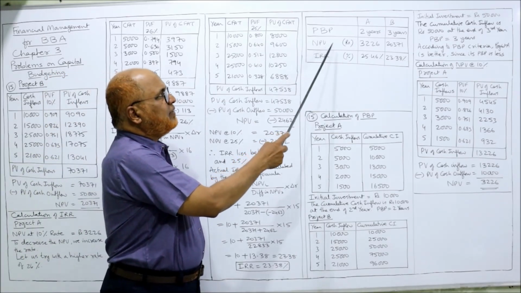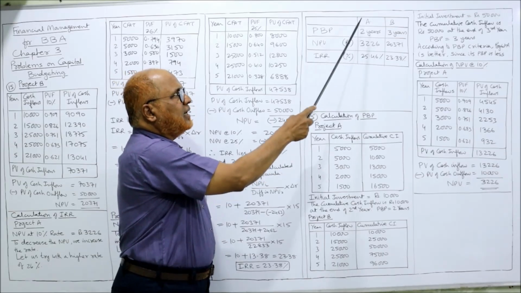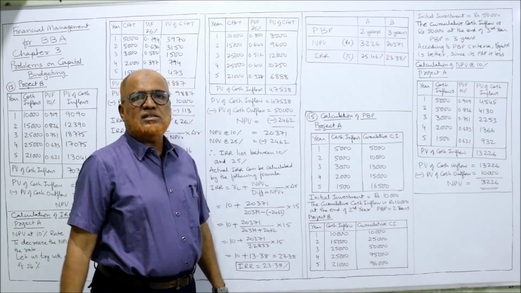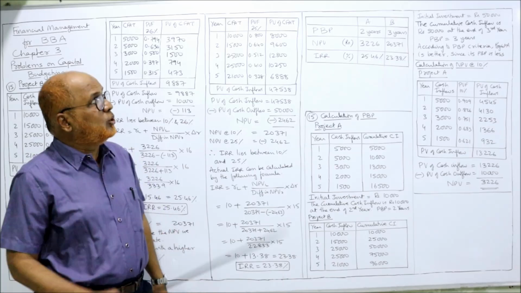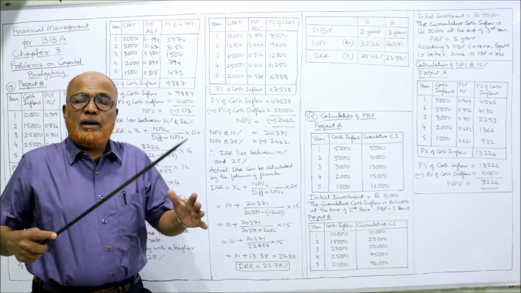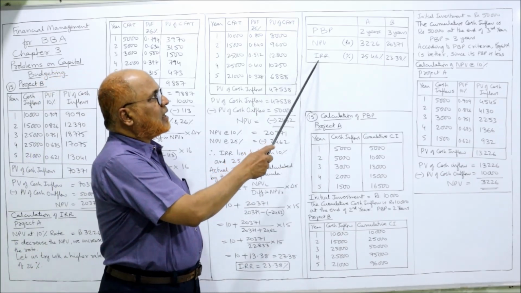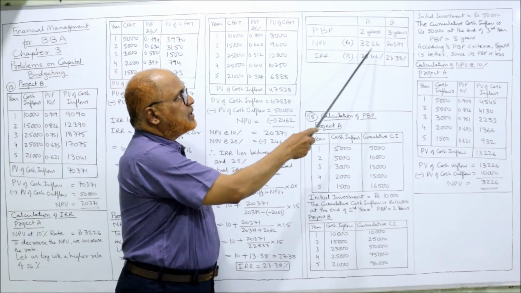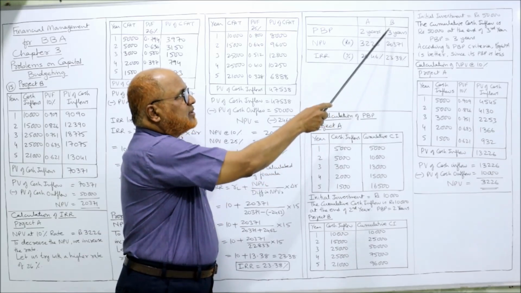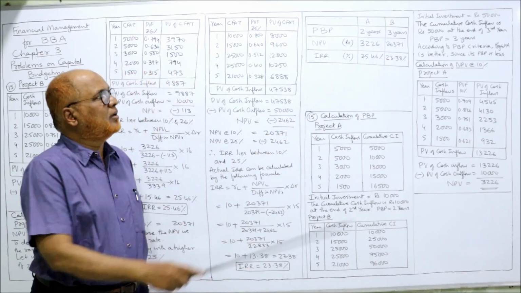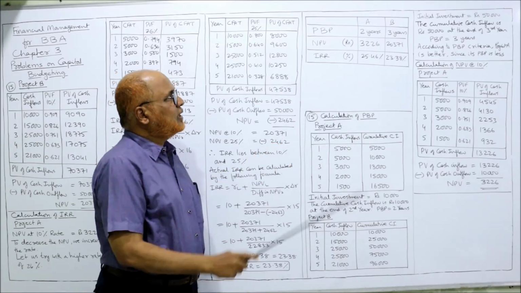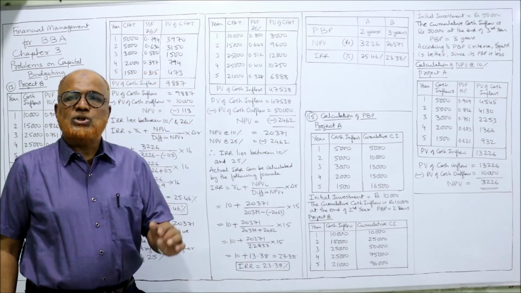NPV is 3,226 in A project and 20,371 in B project. Huge jump is there, so from NPV criteria, B project is better. Then IRR: 25.46% for A and 23.38% for B, which is more for A project. So according to IRR, A project is better.